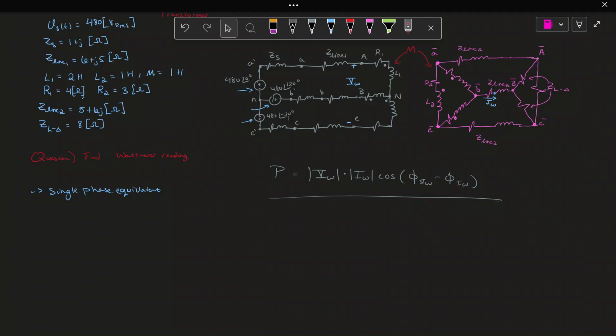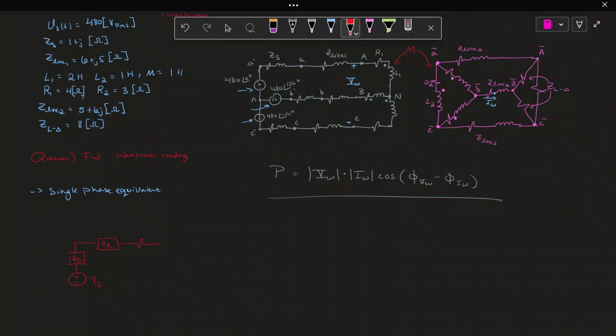So reflecting to the primary side for a Y to delta transformer, it looks like this. We have our Z of S, we have our voltage here, the voltage source. This one is not changing. Then we have our Z line, which I am going to denote by ZL1.